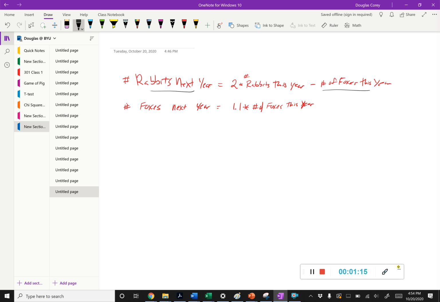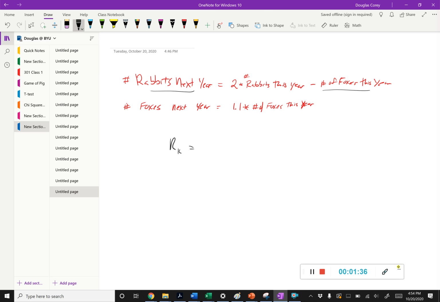So you might notice that this is actually a linear system. So for rabbits next year, I'm just going to call it R. We'll just call it Rn, little n though, for year. Here we'll use Rk.